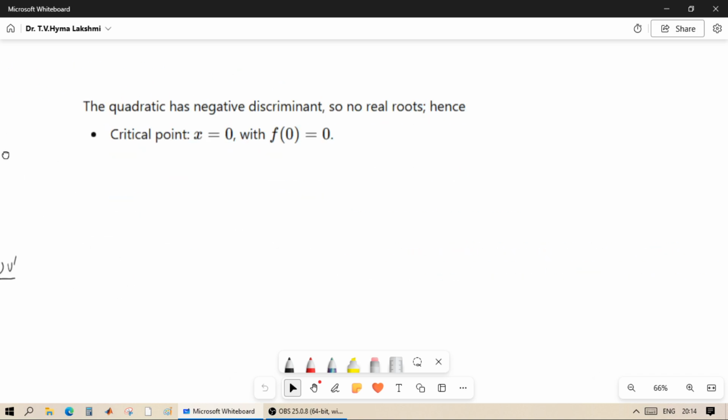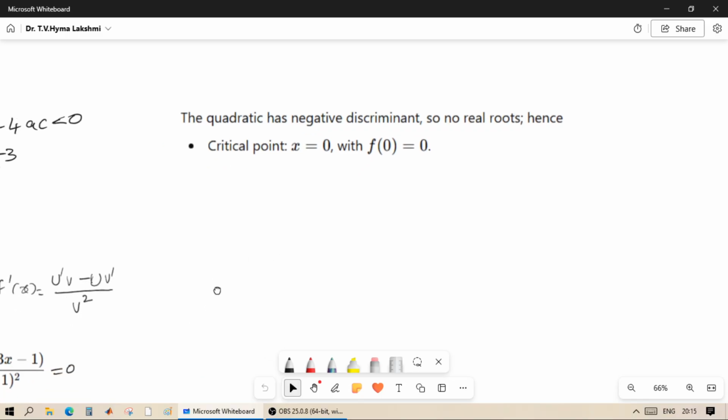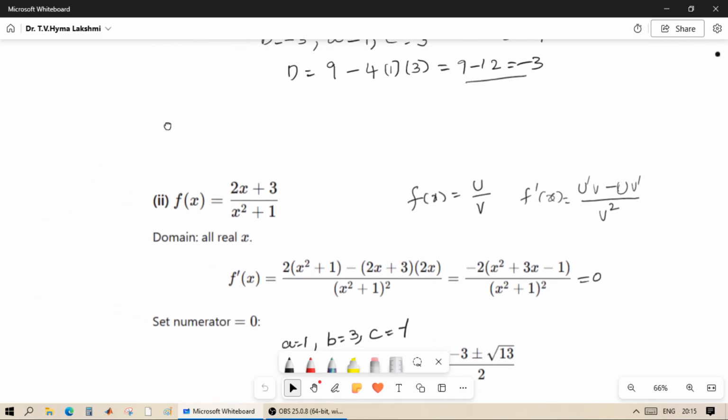So the quadratic has a negative discriminant, so no real roots; the roots are imaginary. So those are not in our domain. So the critical point is x equals 0, and when we substitute x equals 0, f of 0 equals 0. That is the critical point of the given function in the first example.